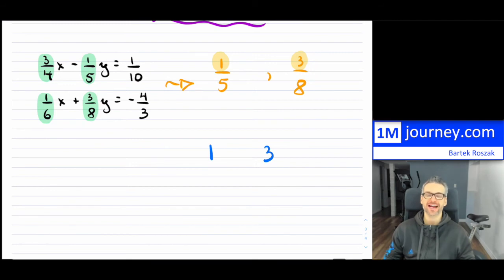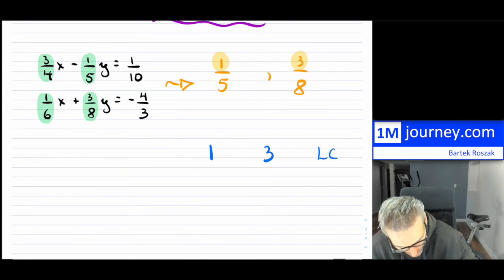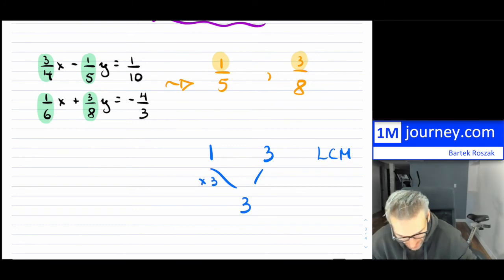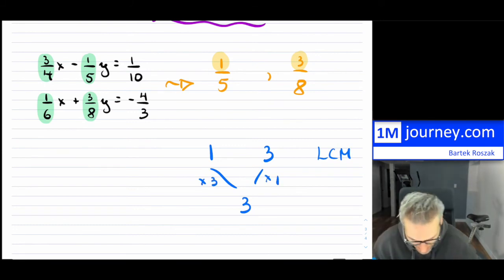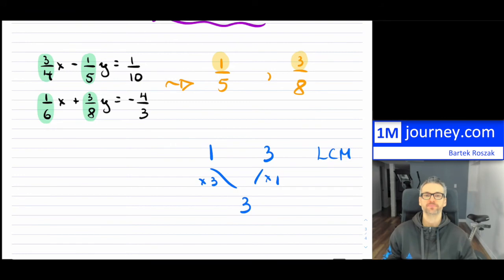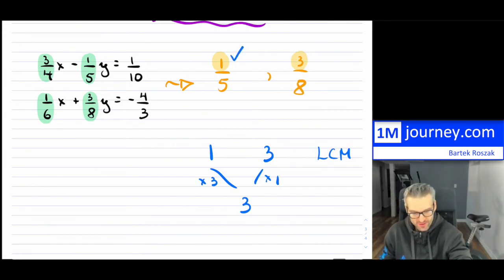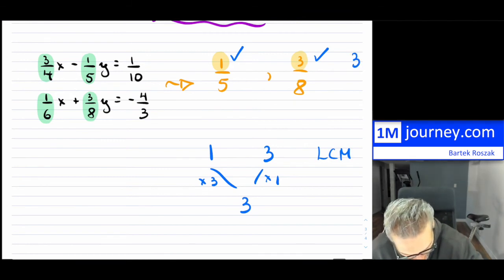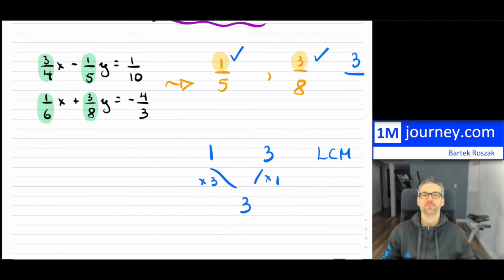So I'm using exactly the same method there. So what is the lowest common multiple between 1 and 3? Well, it's 3. And in order to do that, I would have to multiply this by 3 and then multiply this by 1. So that's between this and this. So the lowest common multiple is basically 3. So that's between the top ones.